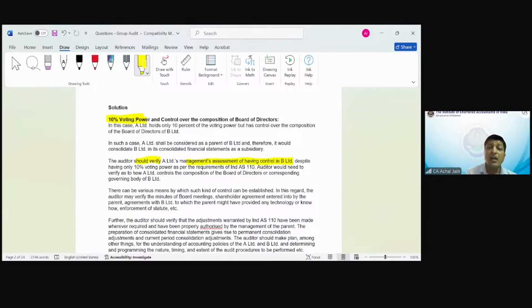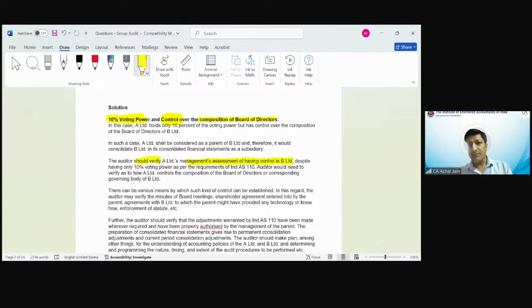When the management says there is a composition of the board of directors through which the control has been exercised, the auditor needs to pick up the minutes of the board meetings, the arrangement which is there, and how the decision making is done. The control criteria under Ind AS 110 gives you three things.